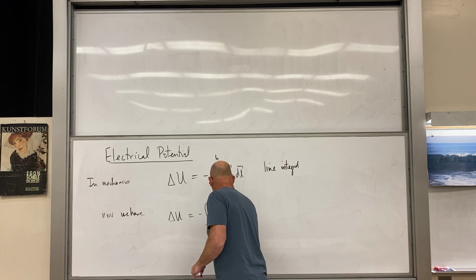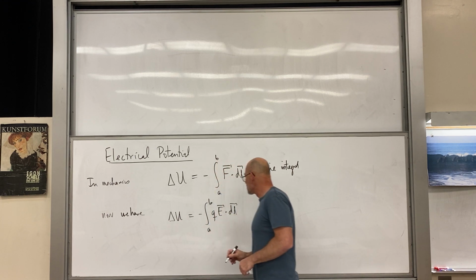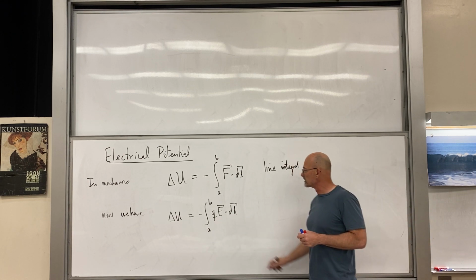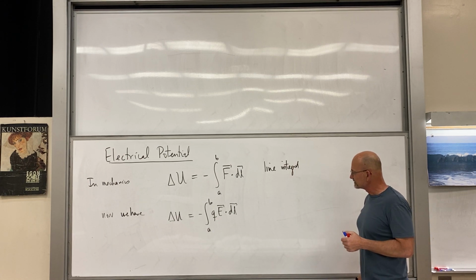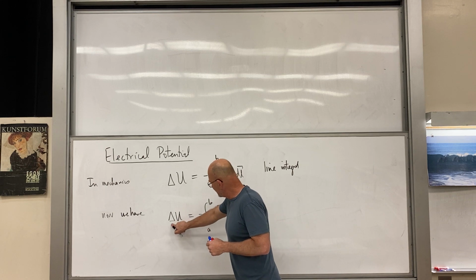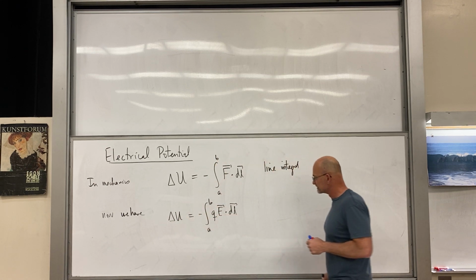Q times E dot dl. Still a line integral, formally the same, except we've got that charge right there and the electric field. So still a line integral. And this is in joules, right? The unit here is joules, energy.